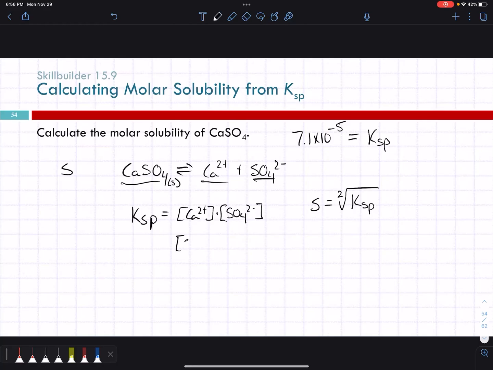So we can replace these with the concentration of calcium sulfate times the concentration of calcium sulfate equals, well, not Ksp now, but S. And I don't know a better way to formally write this.